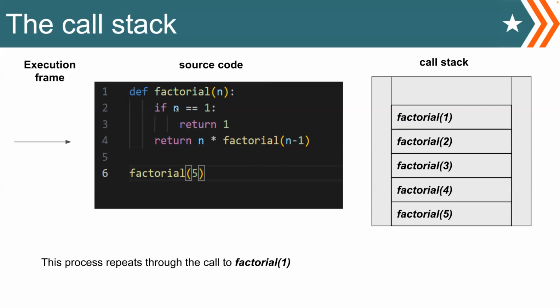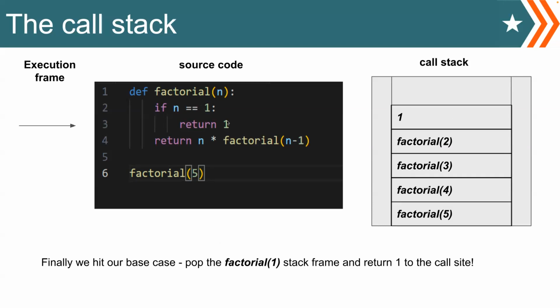But now we get to our base case. And now this gets interesting, because n equals 1. We do return 1. This function call can return a value. We can pop that function call, factorial of 1, off the stack frame and return 1 to the call site, inside this other function call that's depending on it.